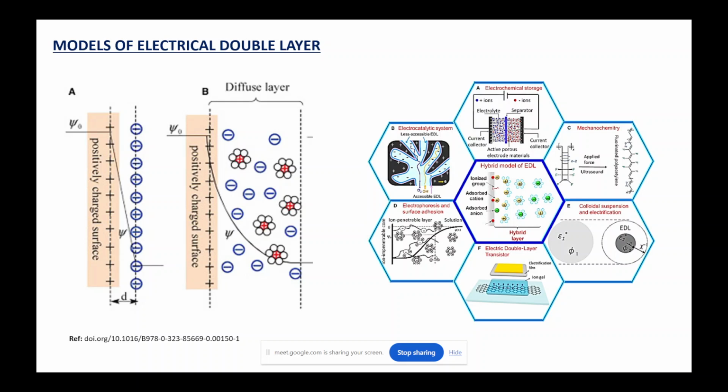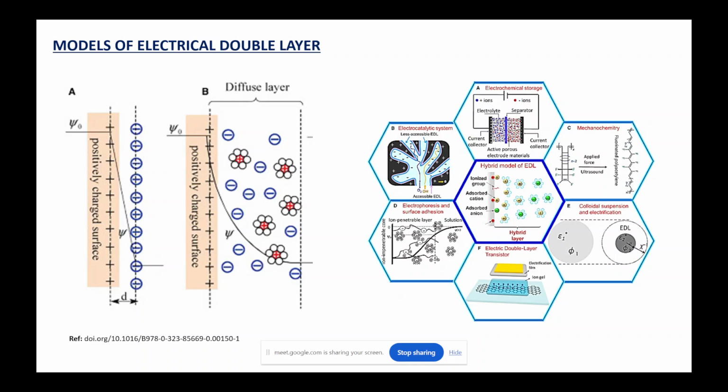Coions have the same polarity as the surface, and counter ions have opposite polarity, or are oppositely charged compared to the surface under consideration. These counter ions get adsorbed onto the surface of your colloidal particle. This adsorption is necessary so that the electrical neutrality in the system can be maintained. So this is fundamental.